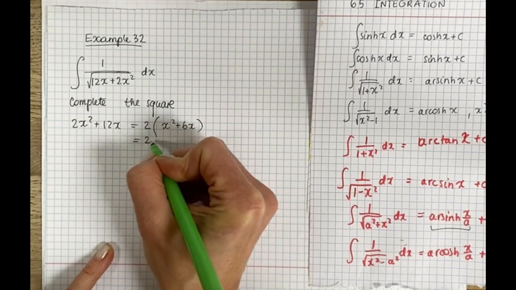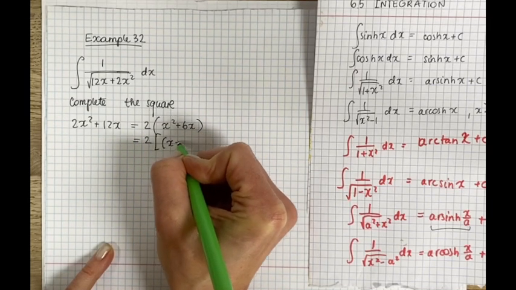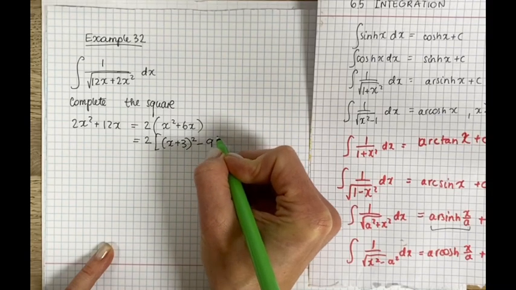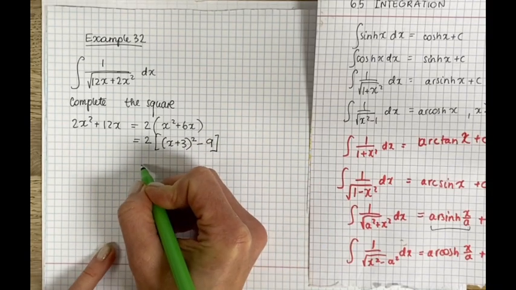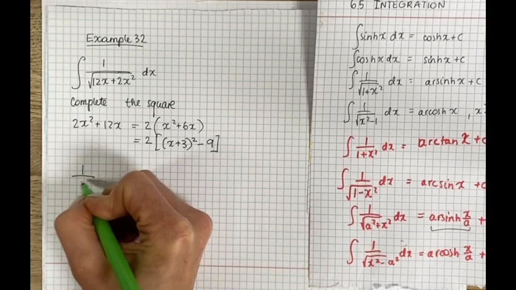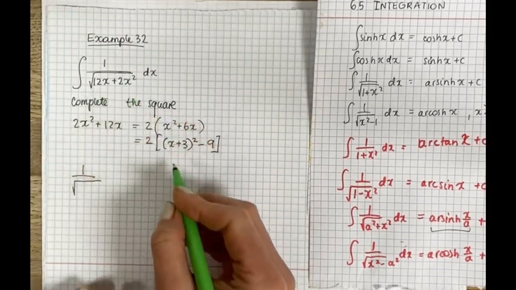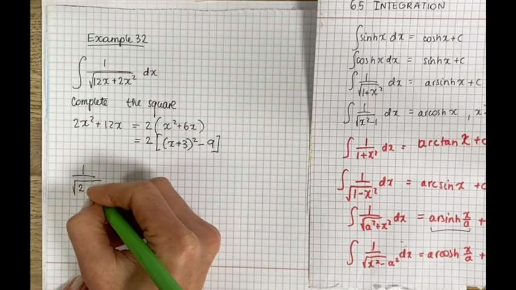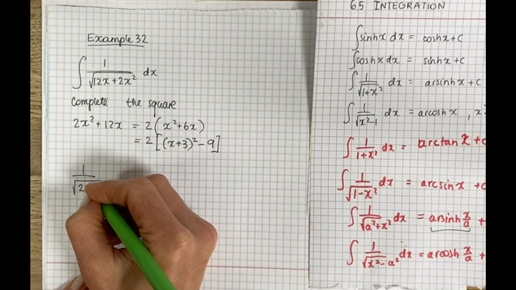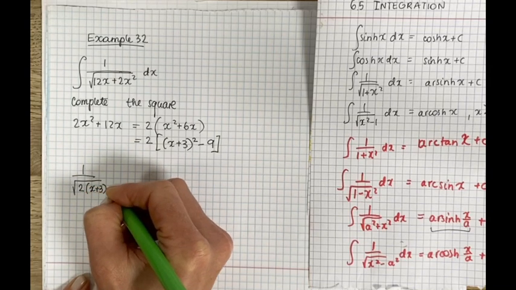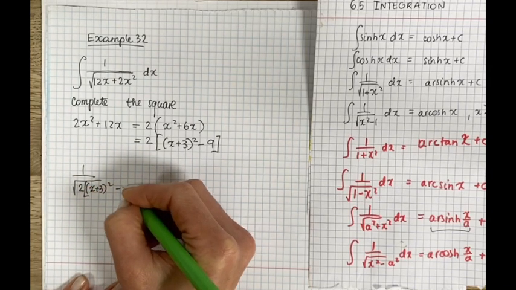This will give me 2, and then you've got x plus 3 squared minus 9. There you go. So we can replace 1 over square root of this with 1 over square root of 2, and then you've got times x plus 3 squared minus 9.